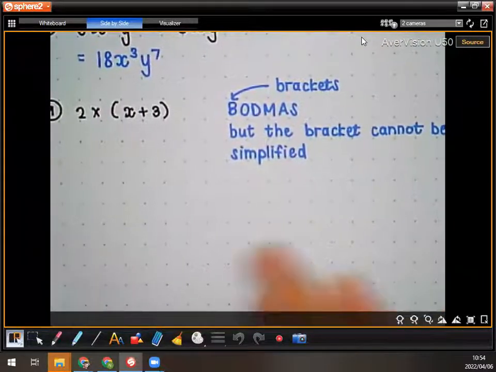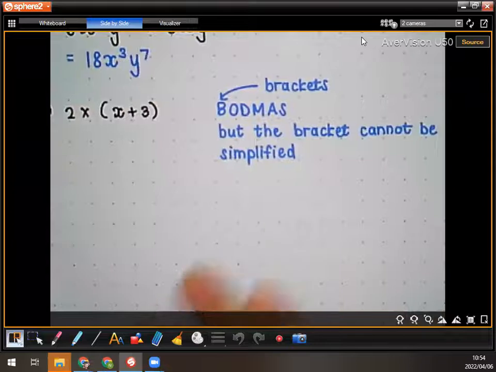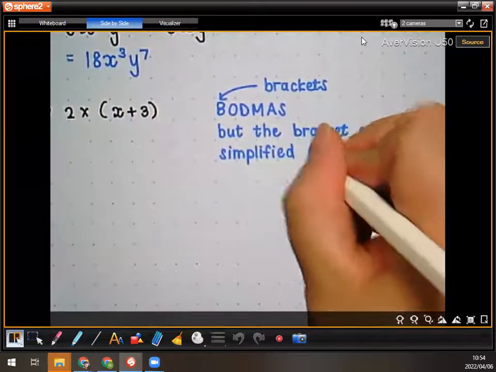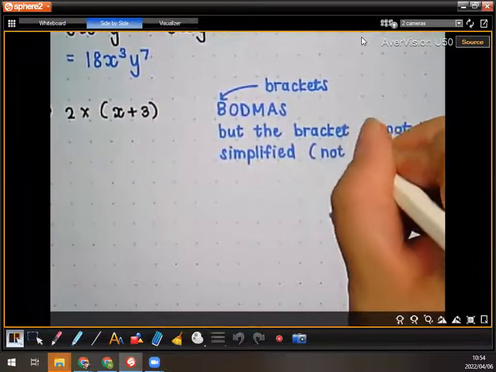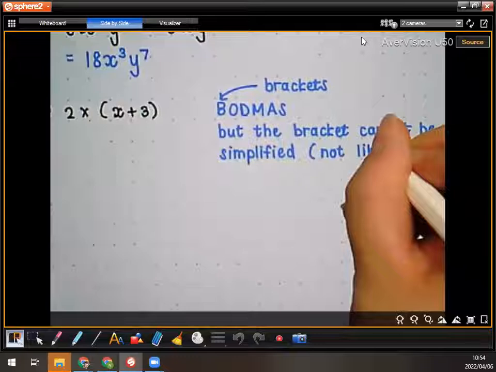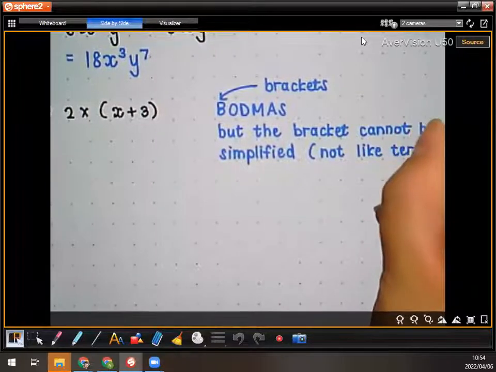Why can't it be simplified again? I have said it before, but it's coming again. Not like terms, good. Not like terms.